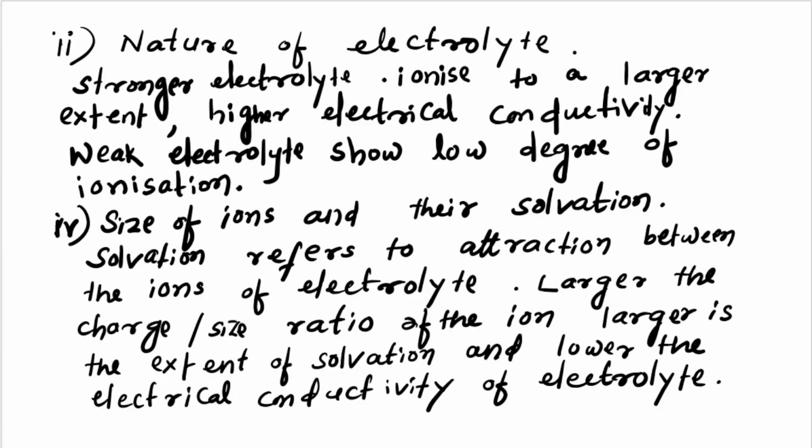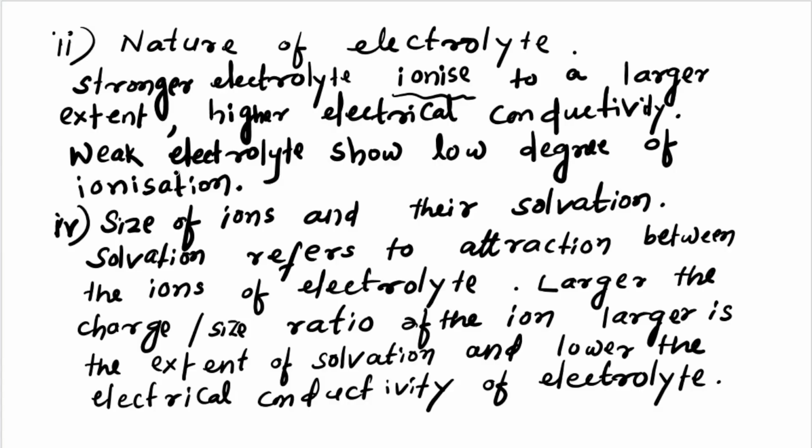Some electrolytes are very strong electrolytes. What is a strong electrolyte? It means it ionizes to a large extent, with higher electrical conductivity. That means it conducts electricity highly, and the stronger the electrolyte, the ionization is more, greater extent, larger extent.